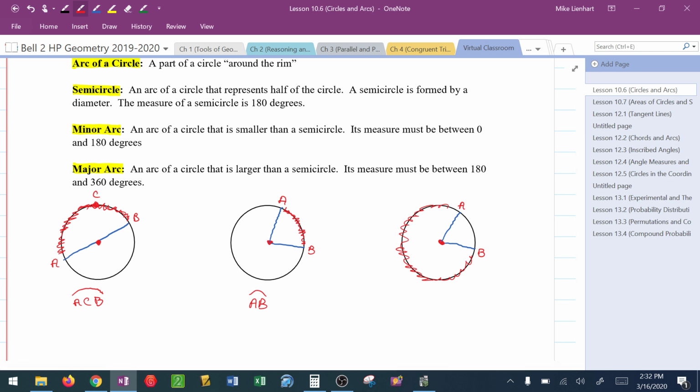In order for me to name it, though, I need an additional point on there, call this C, so that I can tell you arc ACB. Or I could have named it arc BCA. I tell you where it starts, where it stops, and a point to give me direction, a point it passes through. All right?